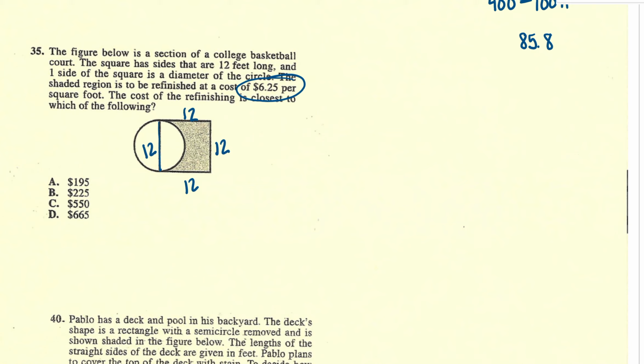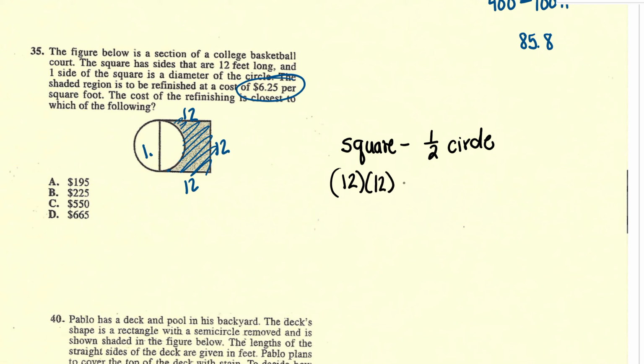Well, basically, we have an entire square where we're going to subtract off half of a circle. So we're going to say a square minus half of a circle. So the square is going to be 12 times 12, side times side, or length times width, minus half of pi times the radius squared.